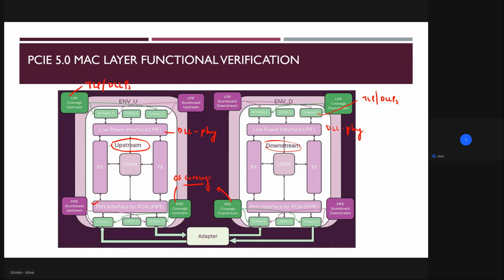Next we have scoreboards. From upstream and downstream simultaneously, we will start the protocol traffic, TLP and DLLP traffic, by reusing the same TLP and DLLP sequences, and we will coordinate the sequences by using the virtual sequencer.